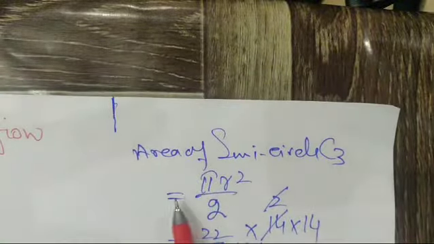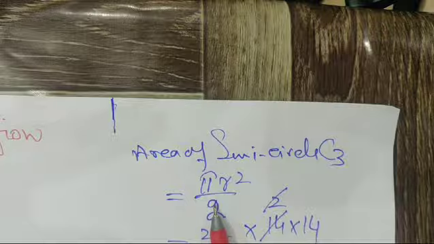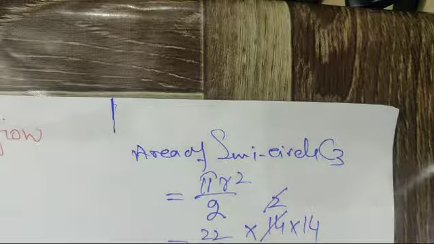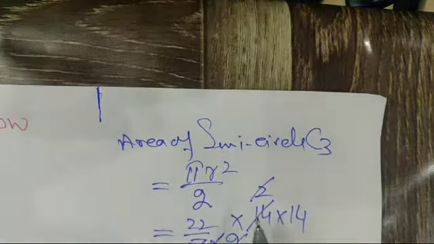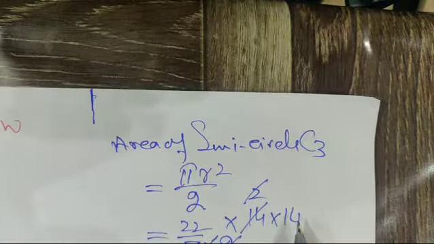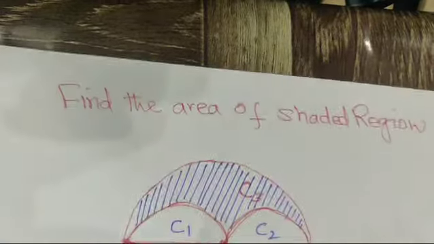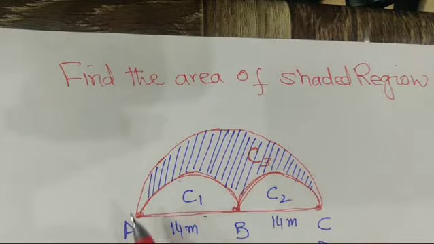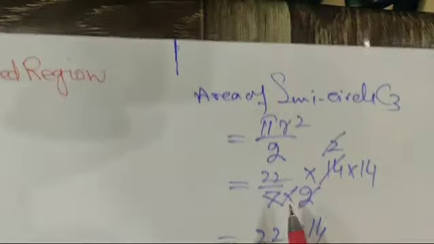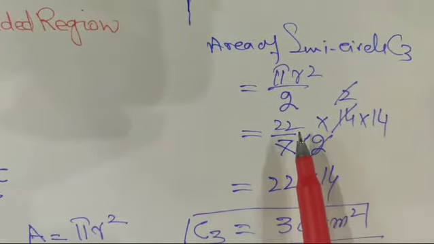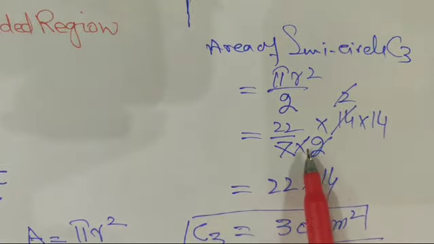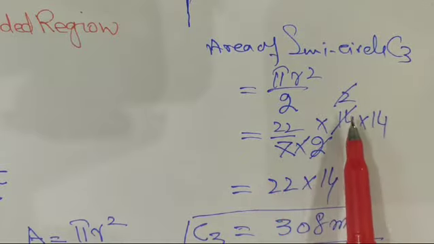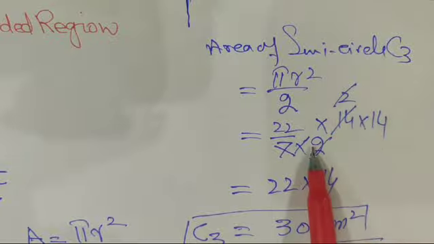So pi r square by 2, putting the values, 22 by 7 multiply by 1 by 2 into 14 into 14, because 14 is the radius of this greater circle. 7 is cancelled with this 14, 2 is cancelled with this.